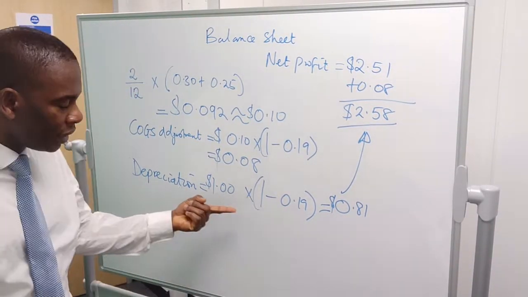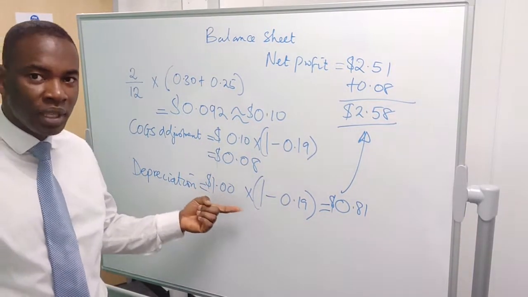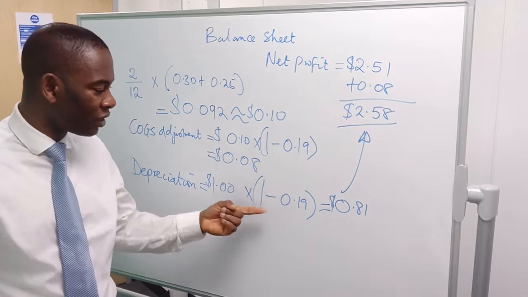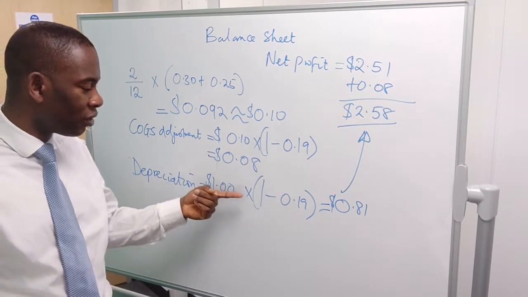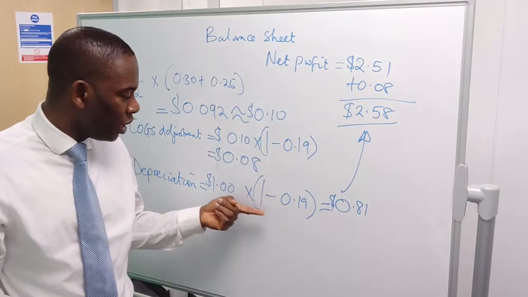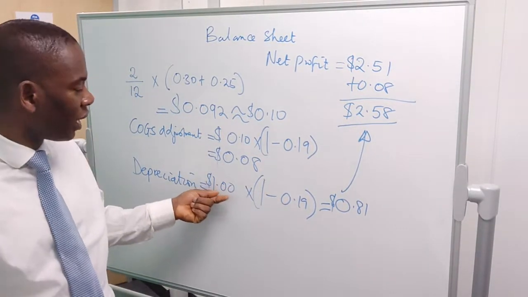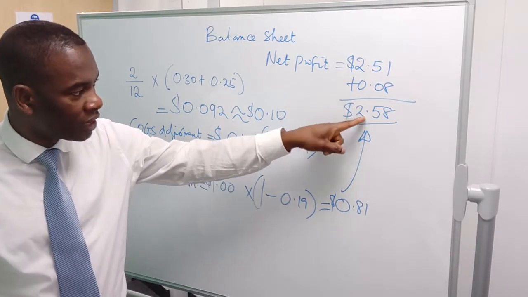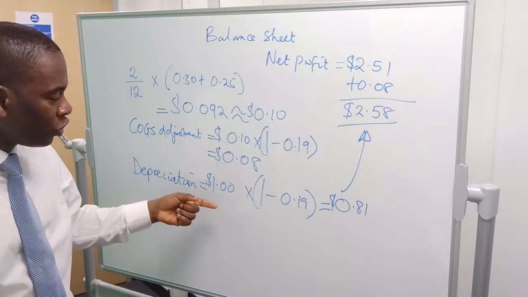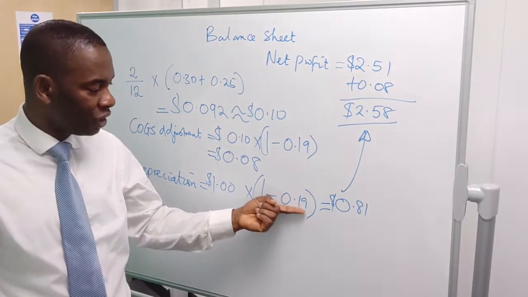Remember, there is what you call tax shield. So we are just trying to take cognizance of the tax shield that is going to happen when we depreciate this. We can't just deduct $1 from this amount. No, we are going to account for the tax shield.